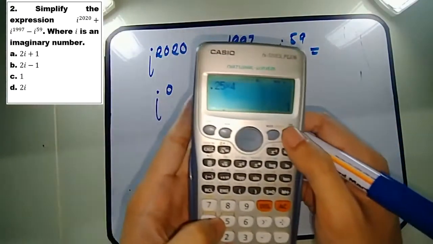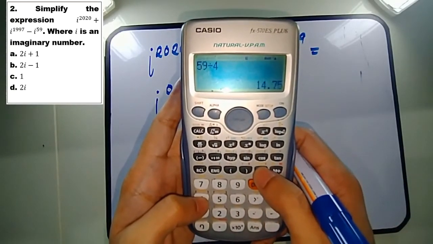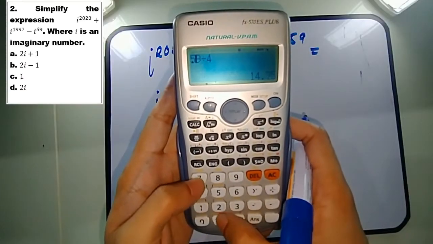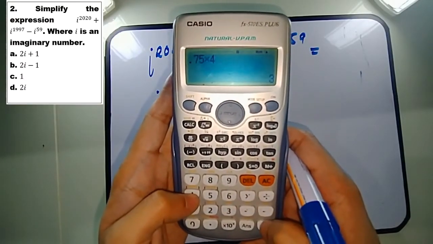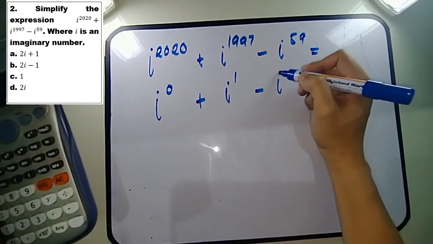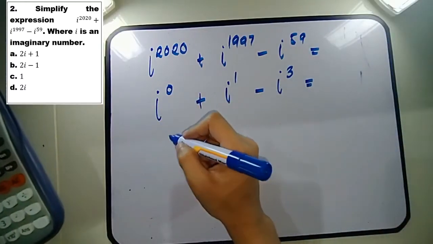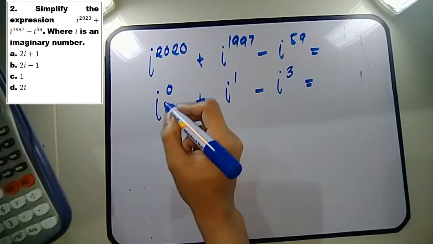So minus, 59 divided by 4, the remainder is 0.75. 0.75 times 4 is just equal to 3, so this is i raised to 3. So equals, here this is just 1, since i raised to 0 is 1.